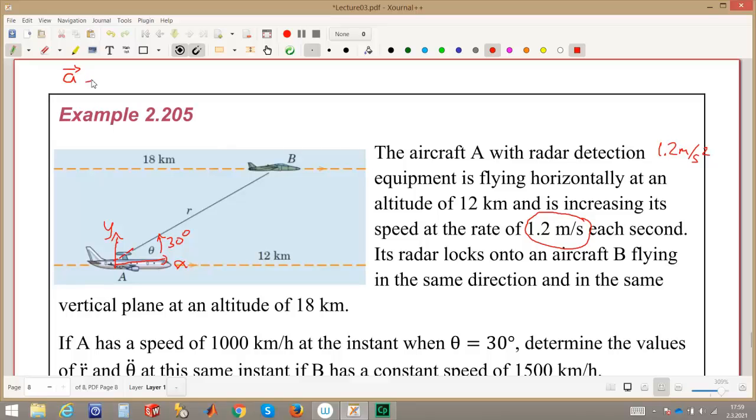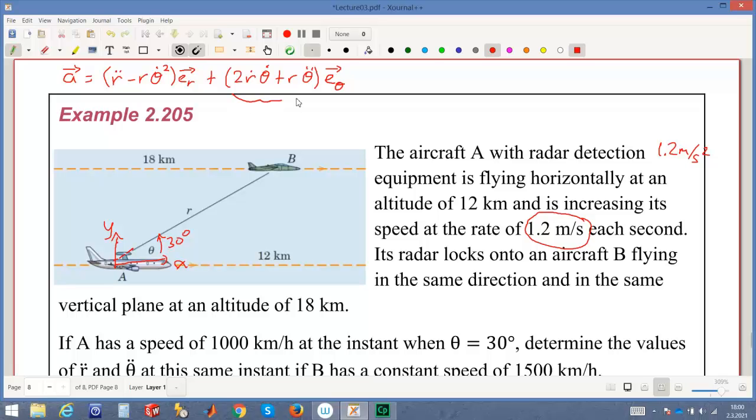If I just try to remember what those were, we had r double dot minus r theta dot squared, which is the radial portion of our acceleration, and then we had 2 r dot theta dot plus r theta double dot, and that was the e theta part.